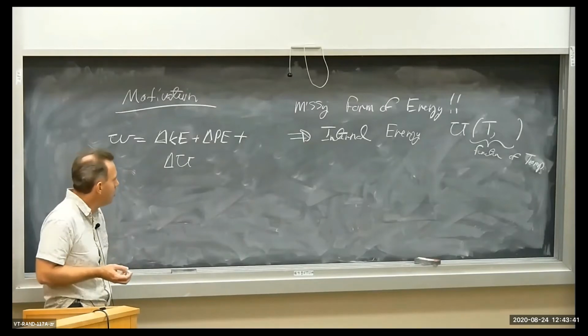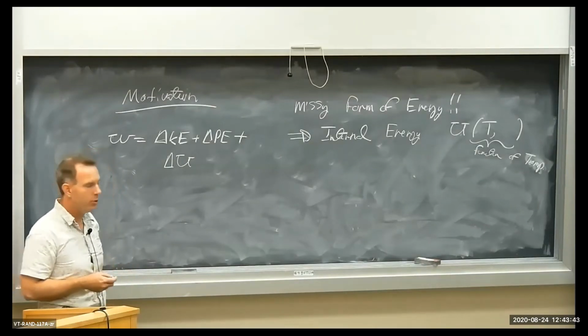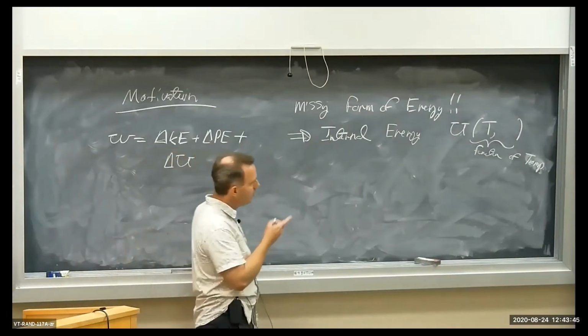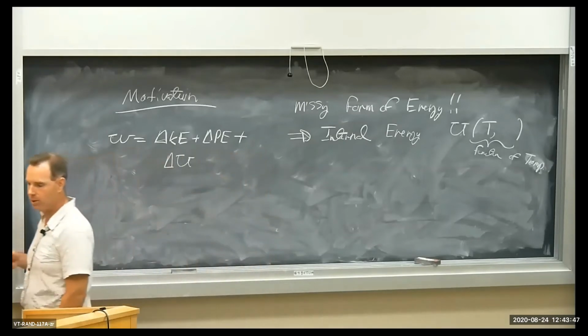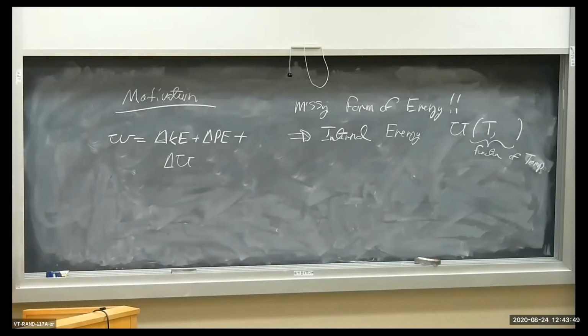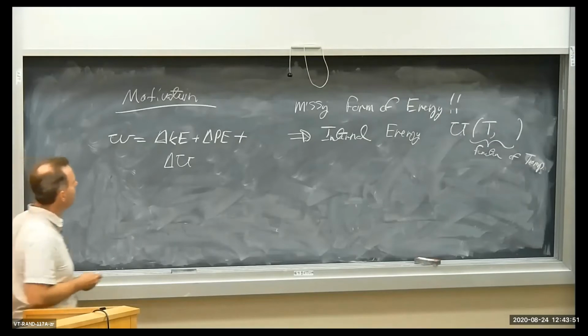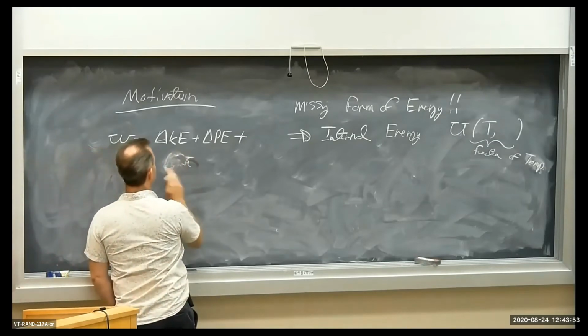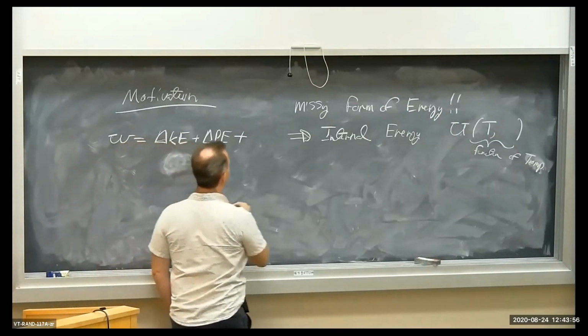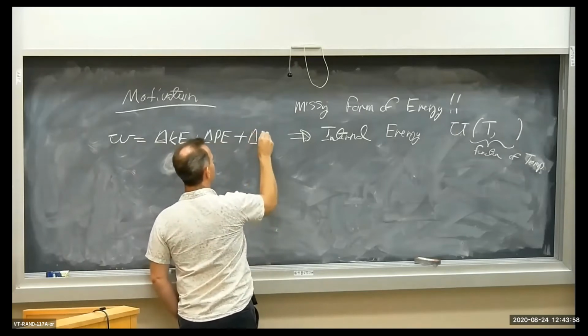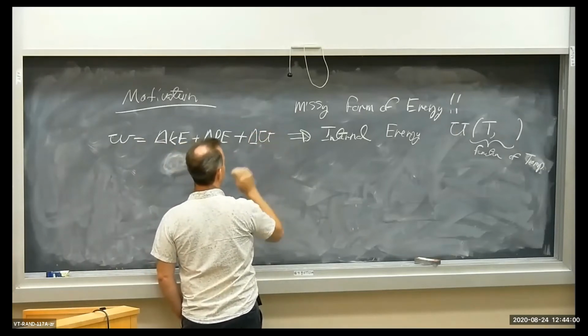And it's got to do with temperature. Simple experiment shows us that has to be the case, okay? Just so we don't have a break here, I'm just gonna write delta U. That looks better, delta U.